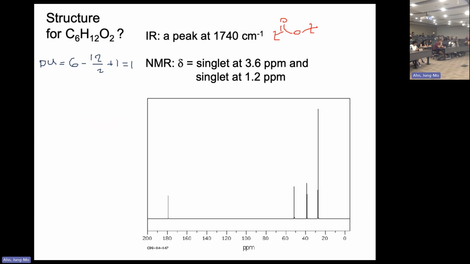So what can they be? How come 12 hydrogens can be just 2 groups? This is probably not easy at first. I'm kind of spoiling your excitement, but let me give you an example.